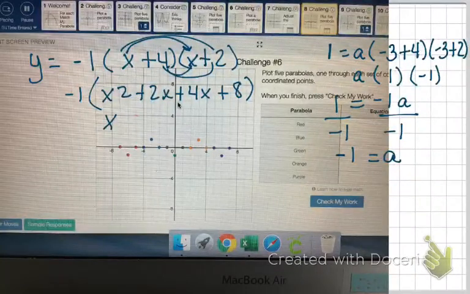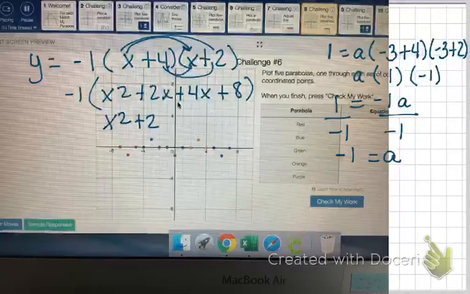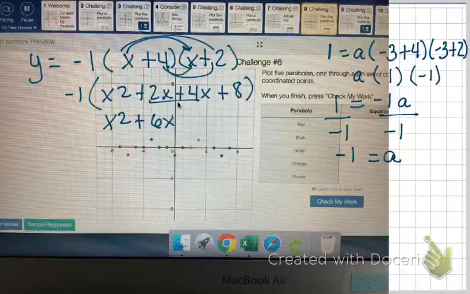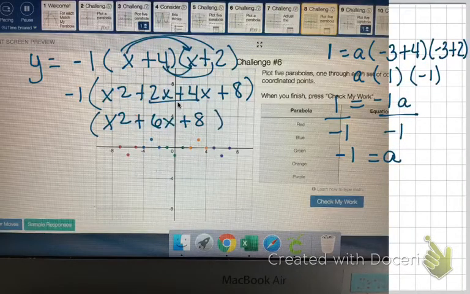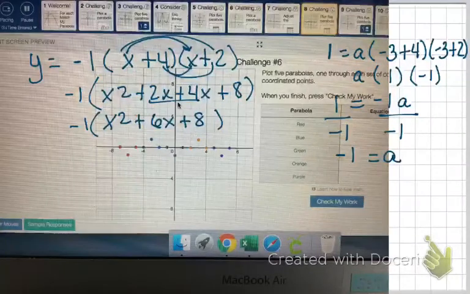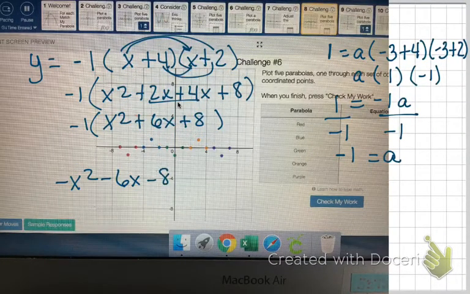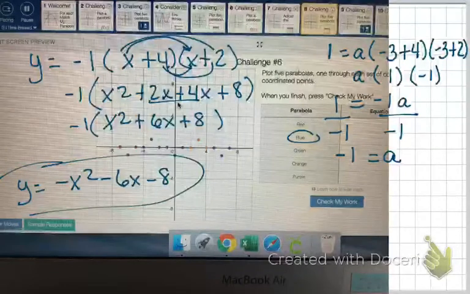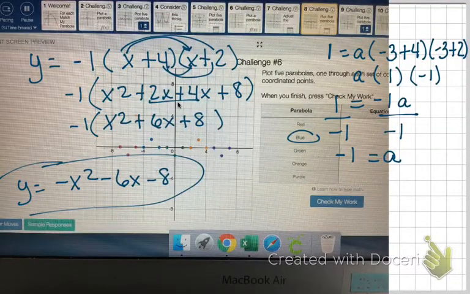So simplify down again, x squared plus 2x plus 4x, combine those like terms, 6x, plus 8, all times -1, which really just changes the signs to -x squared minus 6x minus 8. And then that would be your answer, one of the forms that you could put in for the blue. So just knowing a couple points and then start seeing what's happening, you'll see an easier way to do it without having to plug in and solve. But this will get you started.